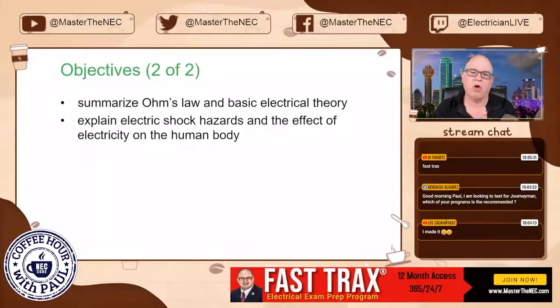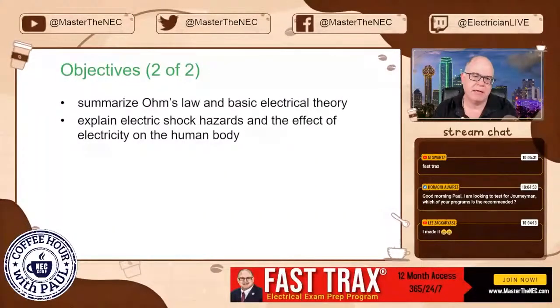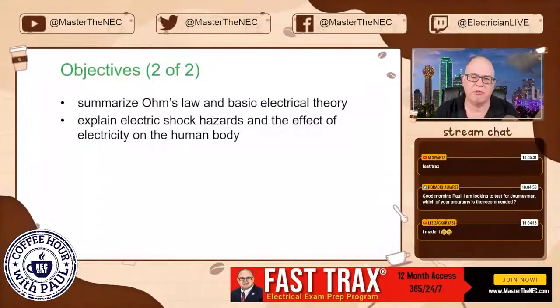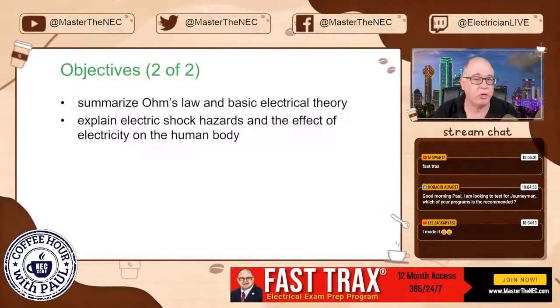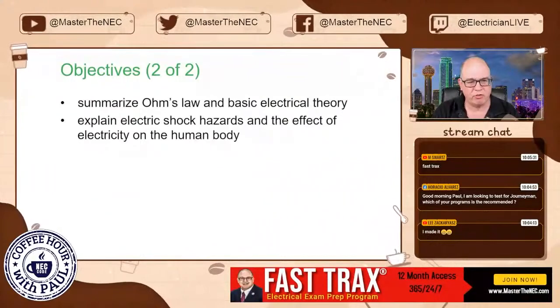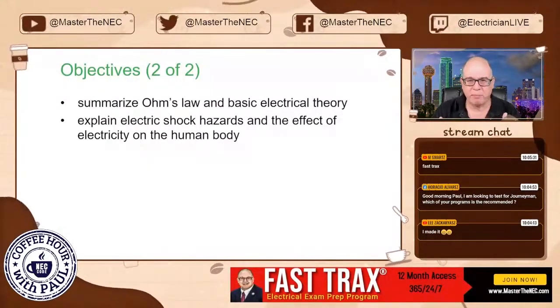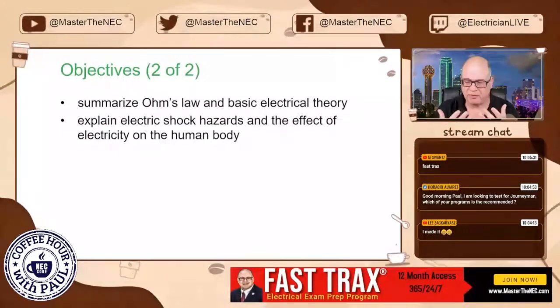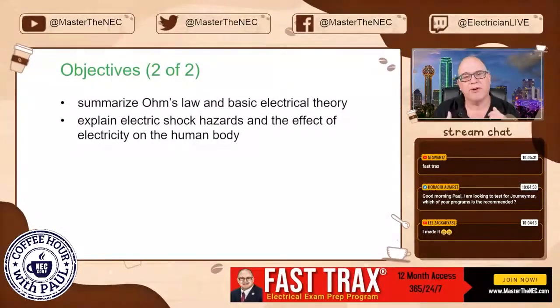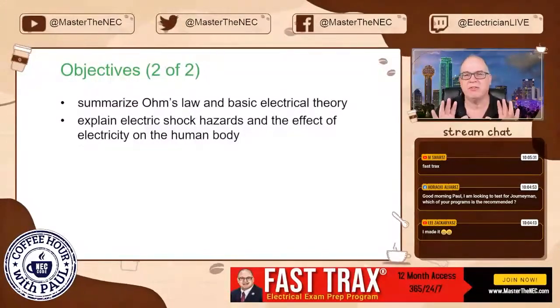We're going to summarize Ohm's law in basic electrical theory, and explain electric shock hazards and the effects of electricity on the human body. It's different whether you're a man or a woman, and whether or not you have weathered and worn skin, like Schwartzy, who's been in the business forever and probably has hands of leather, versus somebody who might be new, like me now, with soft, petite skin.